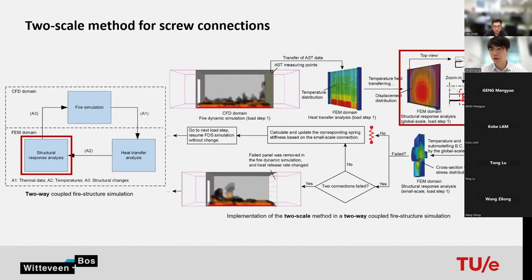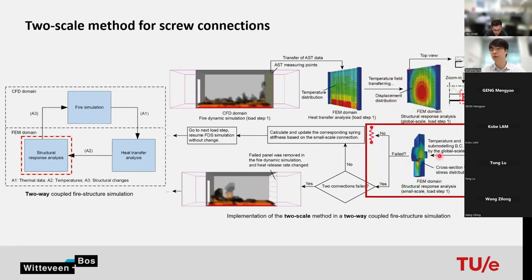And here we can use our two-scale method. You can see the small spring element here. And by using the two-scale method, we can predict whether the screw connection failed or not within this loop. If the screw connection does not fail, we will simply calculate and update the spring stiffness based on the calculation.